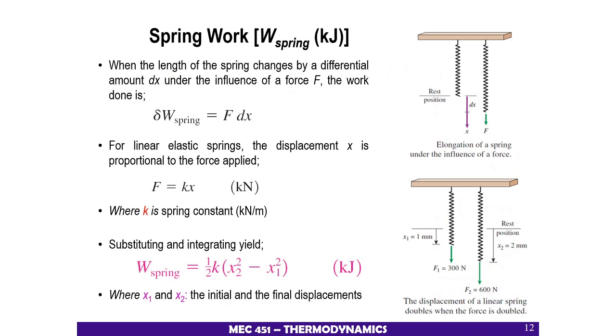Spring work. When the length of a spring changes by a differential amount, we call it dx. x is your distance. Under the influence of force F, the work done is the spring force times dx, the change in distance.